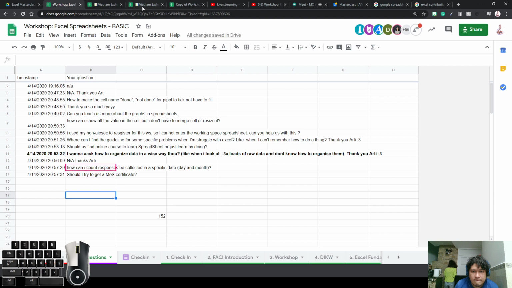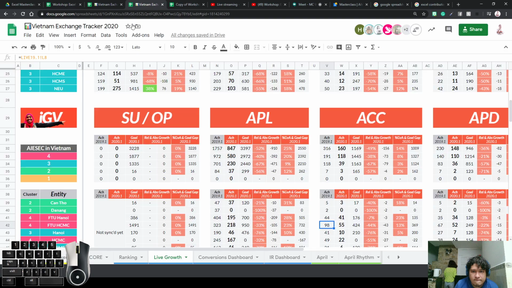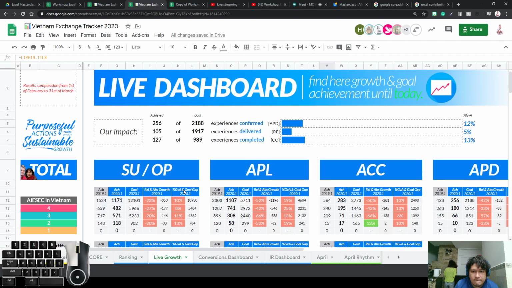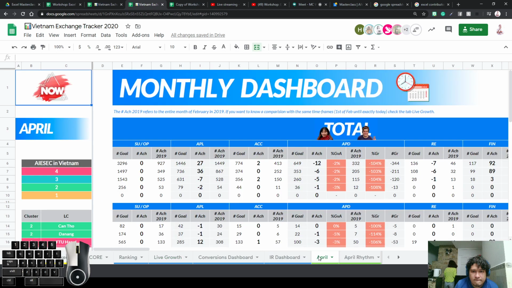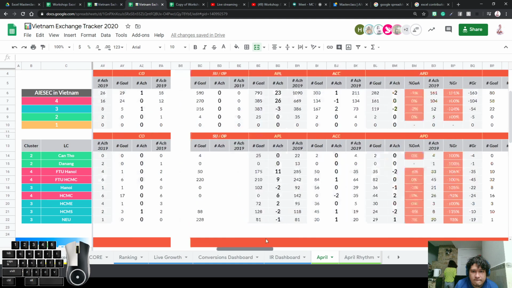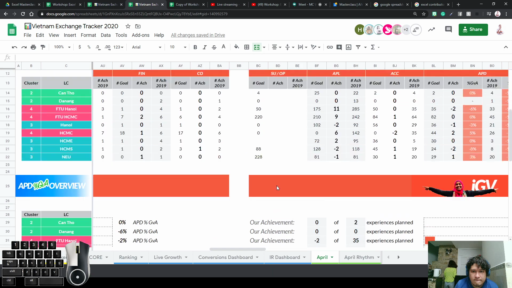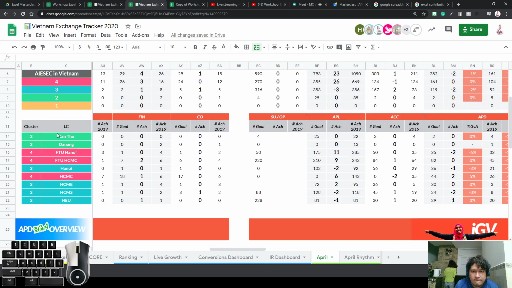So for example, let's go to the VX tracker. I don't know how many of you have noticed, but in the monthly tab, all the LCs are in alphabetical order, right?